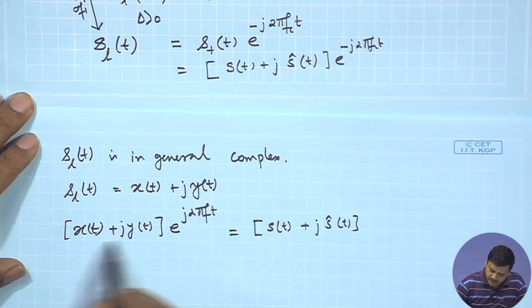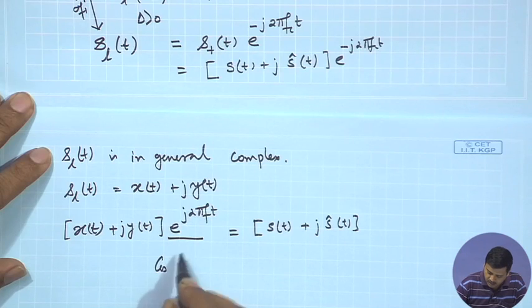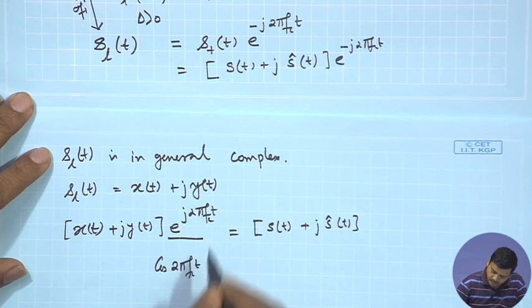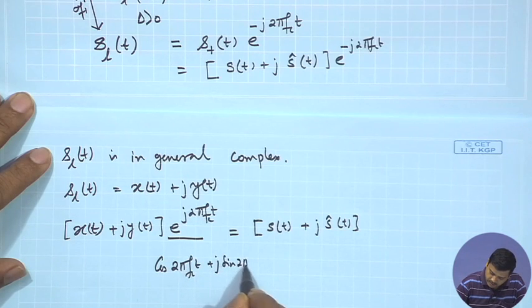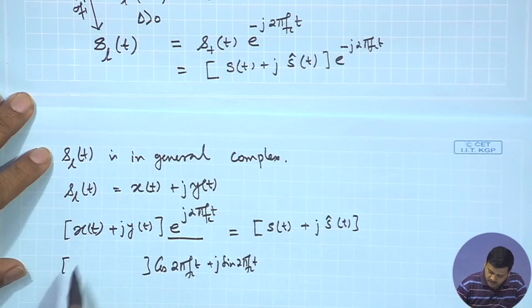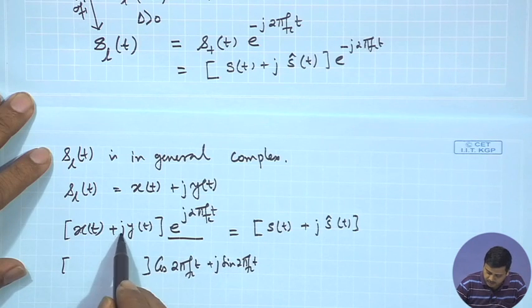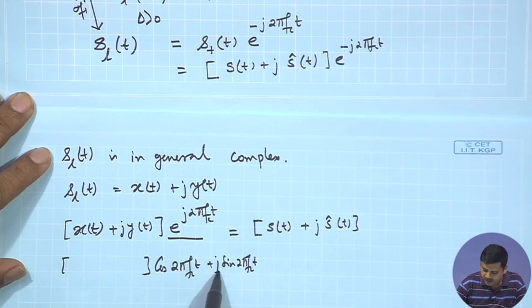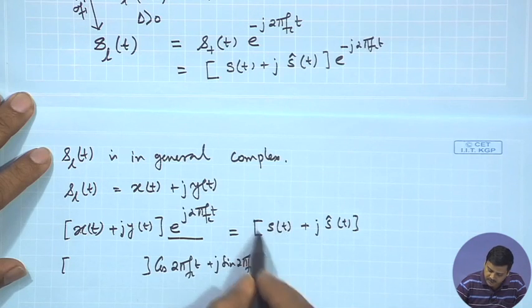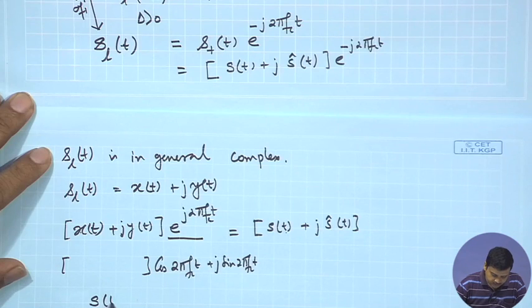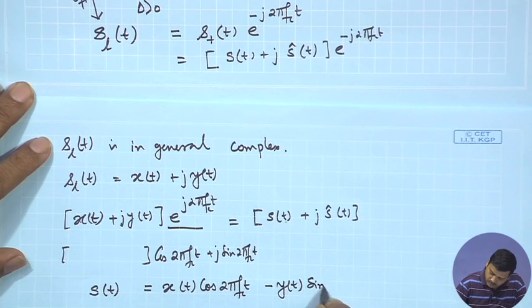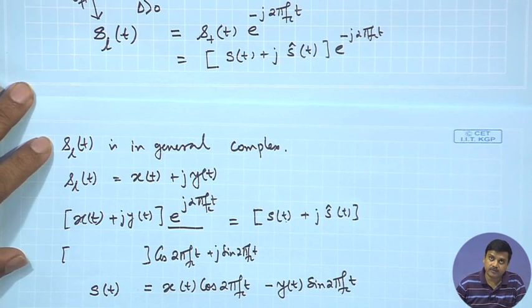And then you can expand this as cos 2 pi f_c t plus j sin 2 pi f_c t, and you are going to get x cos 2 pi f_c t minus y sin 2 pi f_c t, because j and j gives a minus sign. So, we will equate the real part to the real part. You can get S of t is equal to x of t cos 2 pi f_c t minus y of t sin 2 pi f_c t.